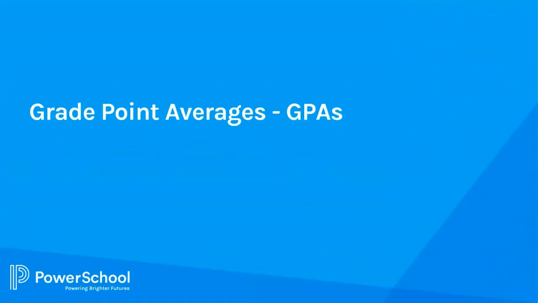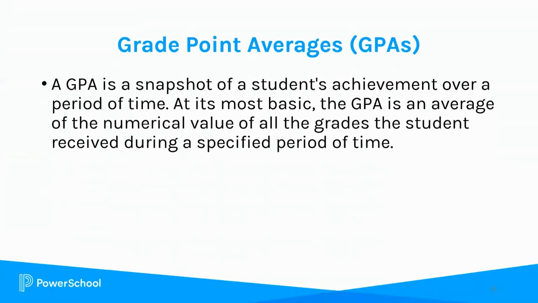Just as an overview about GPAs, it's a snapshot of how the student is doing based on what you define right now. I would like to point out that in the system, GPAs are always done, quote unquote, on the fly. So when you open a page or run a report or an export, the GPA is being calculated right then and there.